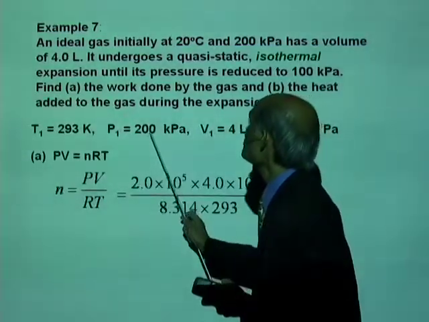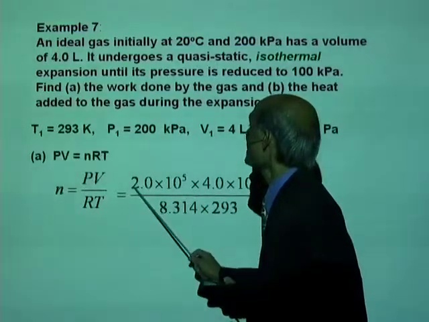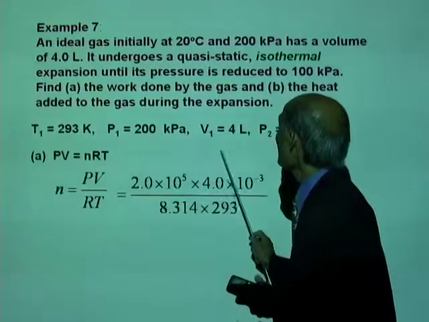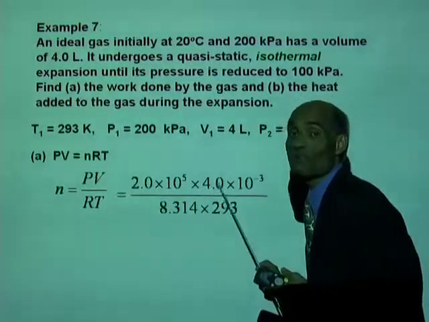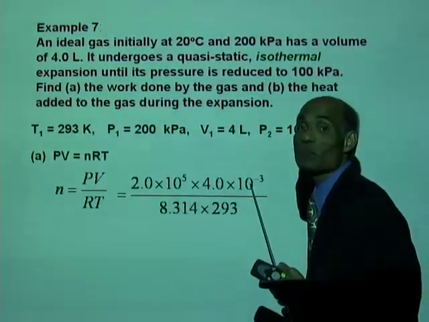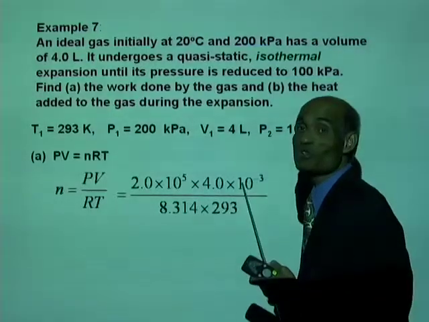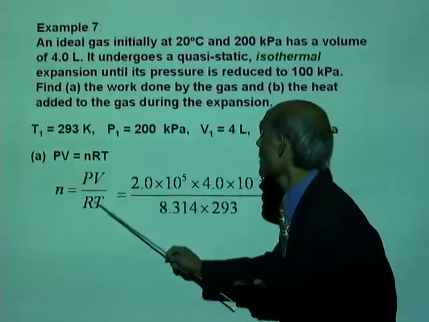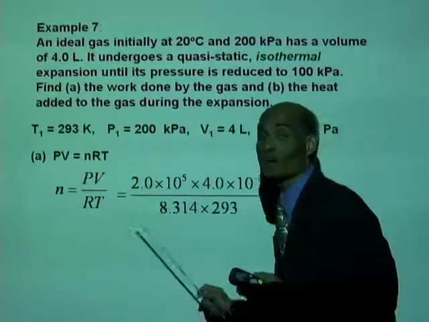P is 2 kilopar, that is 2 times 10 to the 5 Pascal. V1 is 4 liters, 4 times 10 to the negative 3 meter cube. Always keep the units in the right form. Divided by R, which is 8.314.